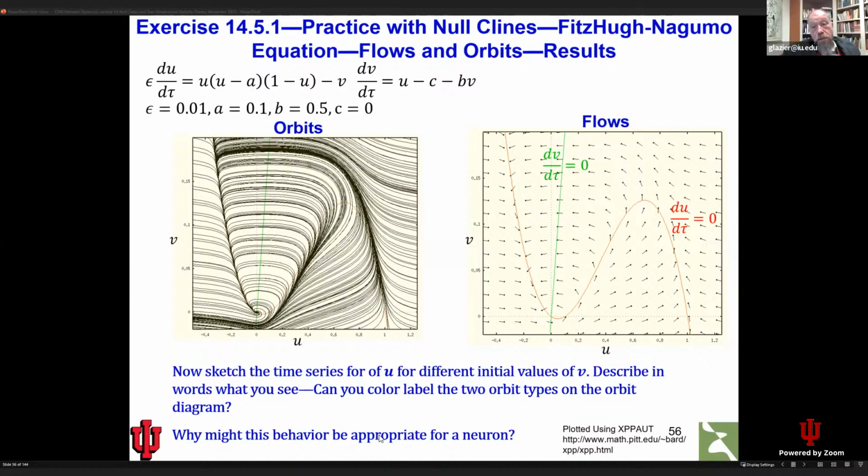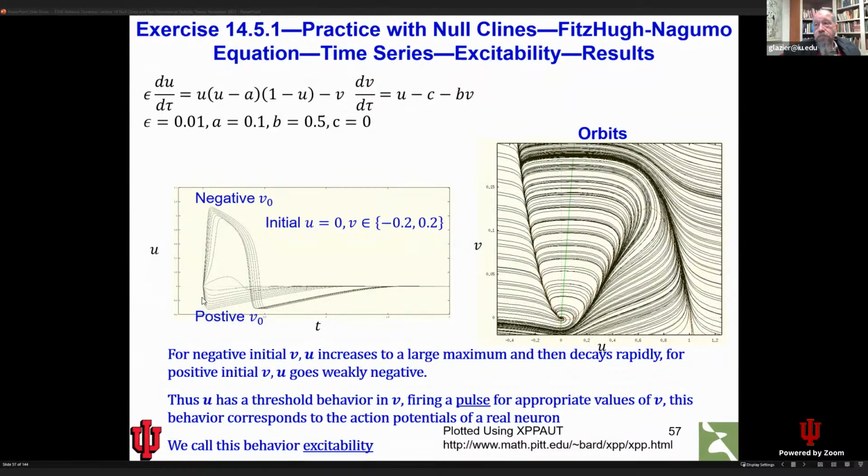Well, this is specifically electrical activity, but yes. But the key thing about neurons is that when you push them, they sit there, they don't do anything. You push them just a little bit, they fire a pulse of calcium, and then they come back where they started. And that's exactly what you're getting here.